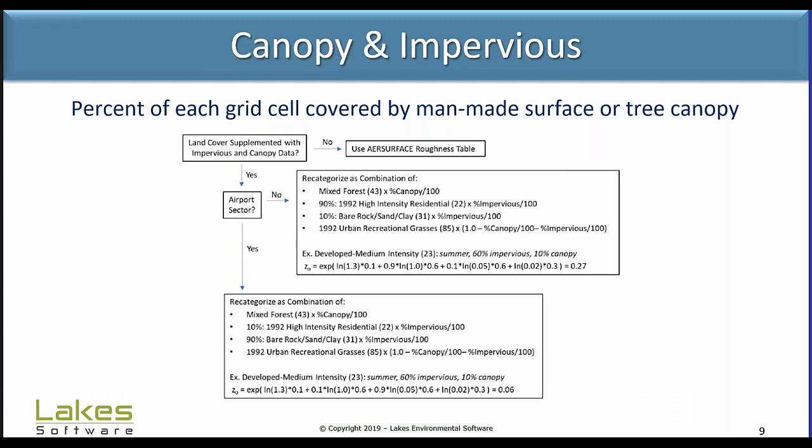If it is not an airport sector, it relies more on that high-intensity residential and mixed forest for the impervious and canopy, respectively, to determine the surface roughness. So if it's not an airport sector, you get a slightly higher value than if it is an airport sector, where it's assuming that the percent impervious is mostly flat runway as opposed to actual structures.